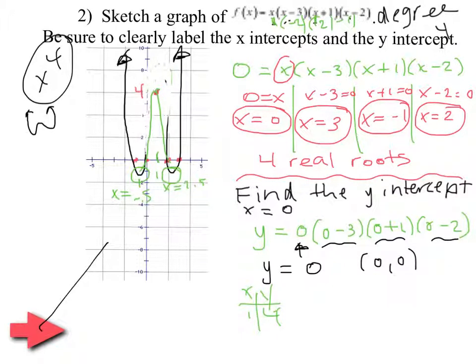So if you use a calculator or you just plug in the point negative 0.5, you would find that y would equal approximately negative 2.2. So that would go down to here. So we would go down this far. And when you plug in 2.5, you'll get y equals approximately negative 2.2 again. So this is what your graph looks like.